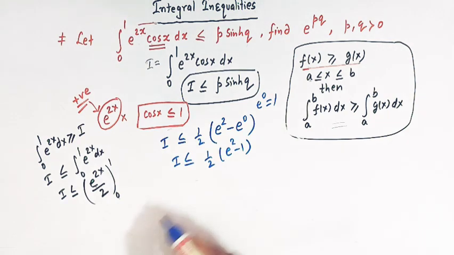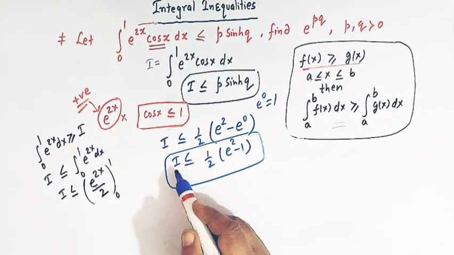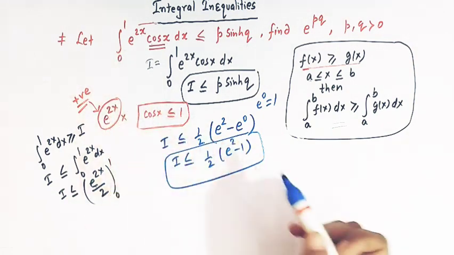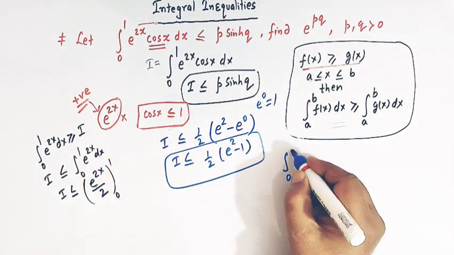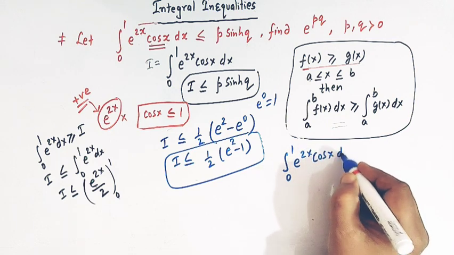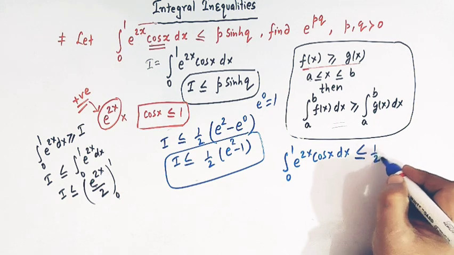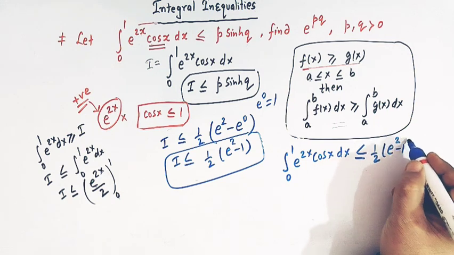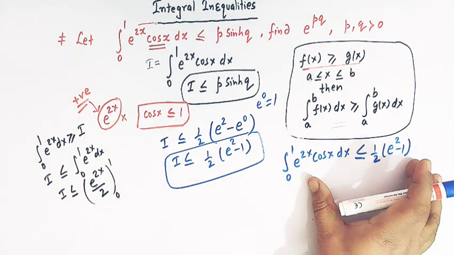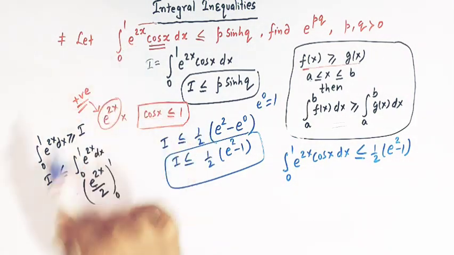So now we have obtained another important result, that is the integral from 0 to 1 of e raised to 2x cos x dx is less than or equal to half (e square minus 1), right? So this is another important result related to this integral.